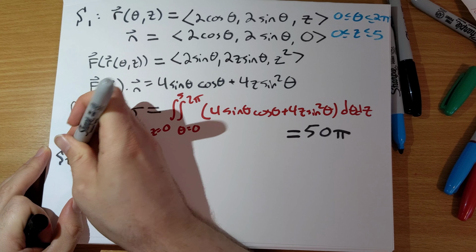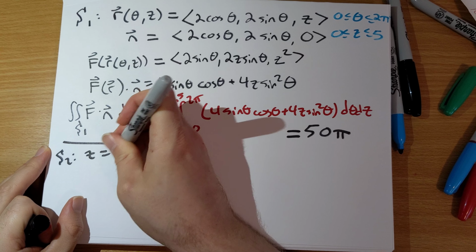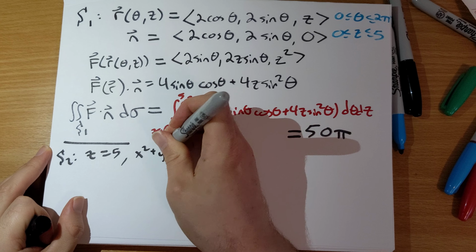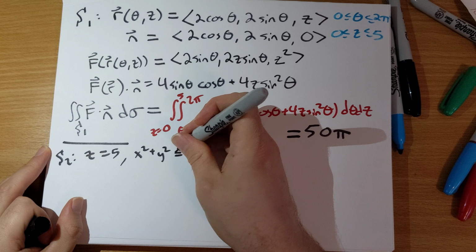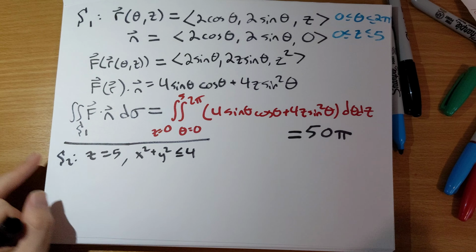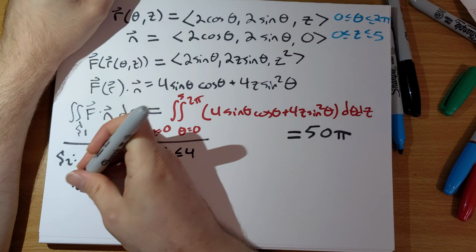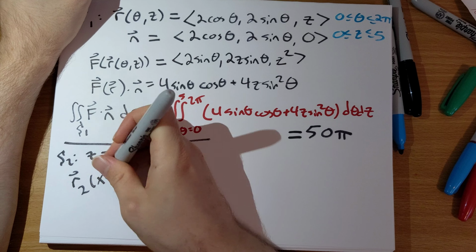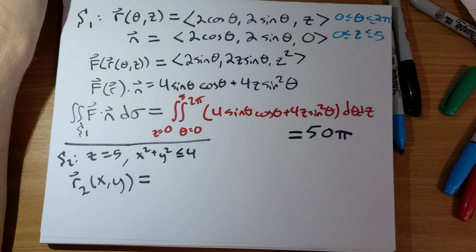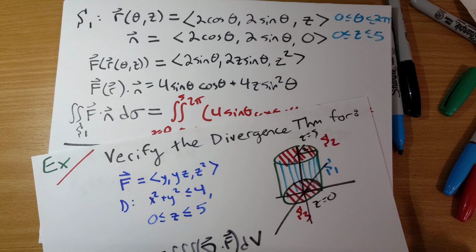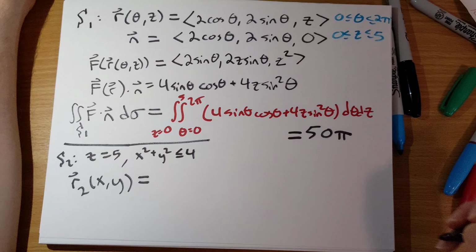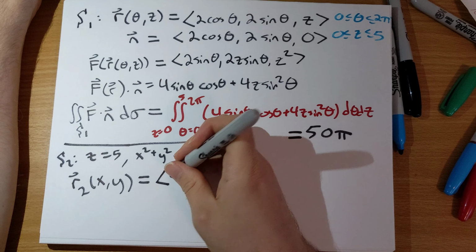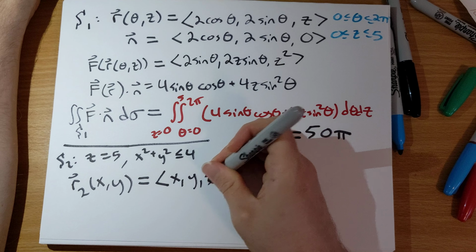So for S2, this is z is equal to 5 for x squared plus y squared is less than or equal to 4. So our parametrization R2, we can parametrize this just with x and y. Our parametrization is x, y, 5.